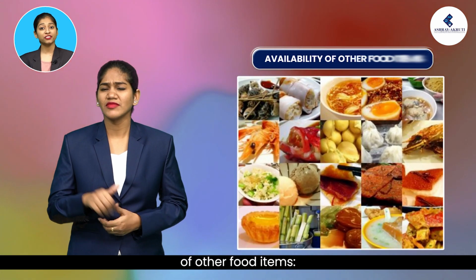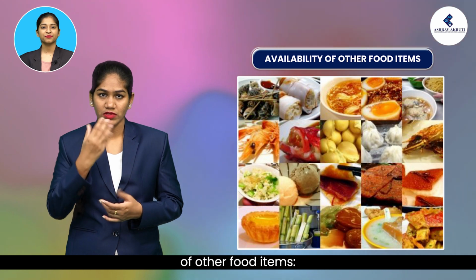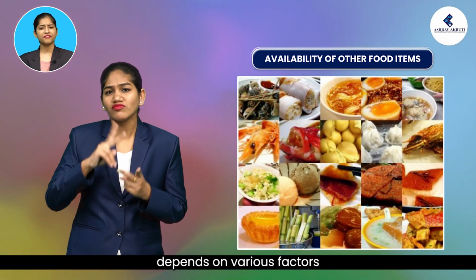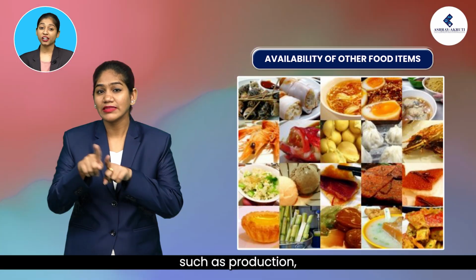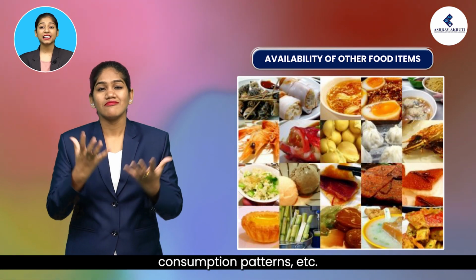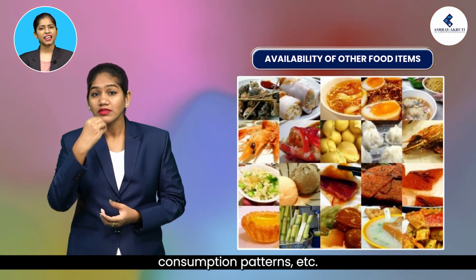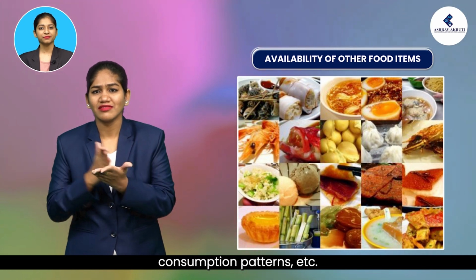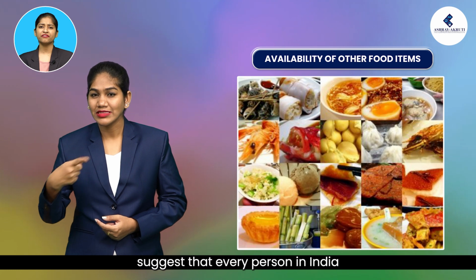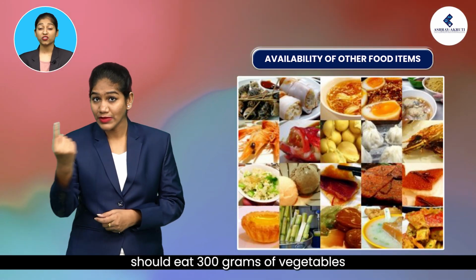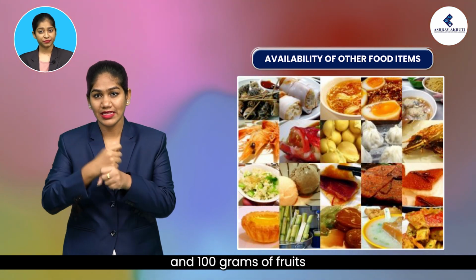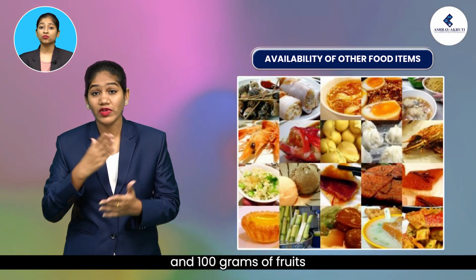Availability of other food items. The availability of other food items depends on various factors such as production, imports, demand, consumption patterns, etc. Nutritionists suggest that every person in India should eat 300 grams of vegetables and 100 grams of fruits a day.